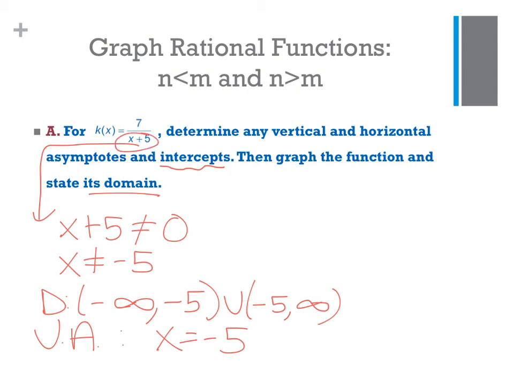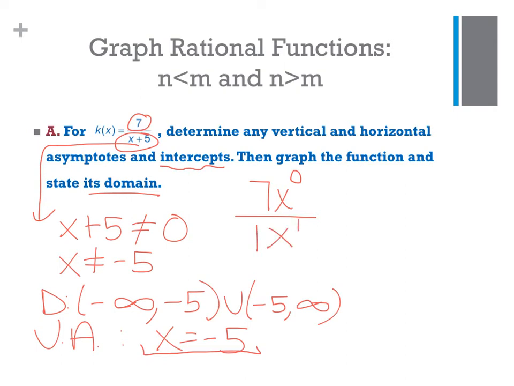Anytime we divide by 0, that causes a vertical asymptote in our graph at that particular x value. Our horizontal asymptote: because we have no x in our numerator, this is really 7x to the 0 power, and we have 1x to the first power.